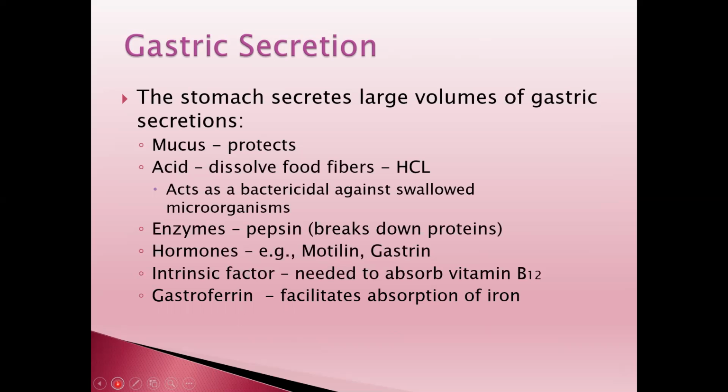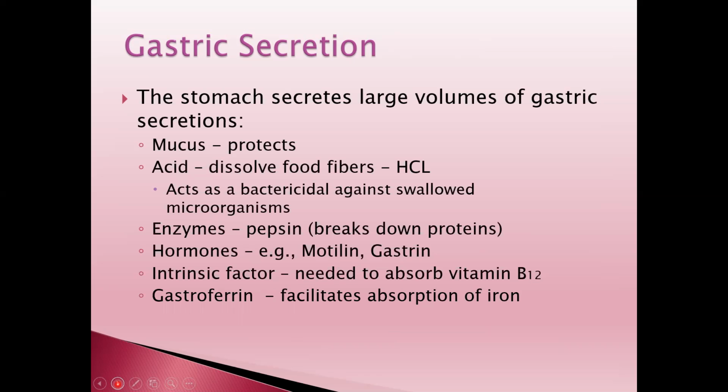Now, we'll talk about this in a subsequent lecture, but there are certain things that break these barriers of protection, like ischemia. We talked about that word ischemia. That means a lack of blood supply. If there's not enough circulation going in there, then there might be a problem with maintaining protection. People are also sometimes exposed to H. pylori, the long name for which is Helicobacter pylori, a bacteria that disrupts that barrier.